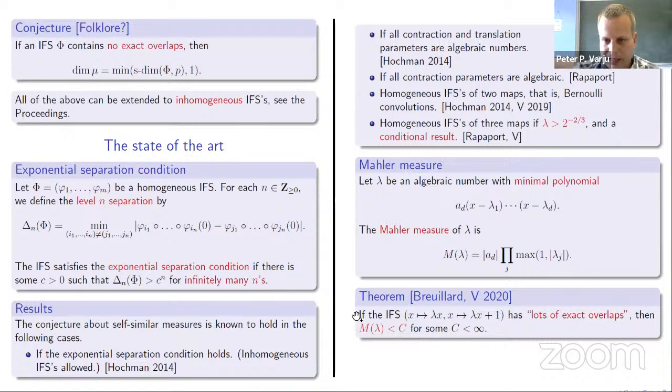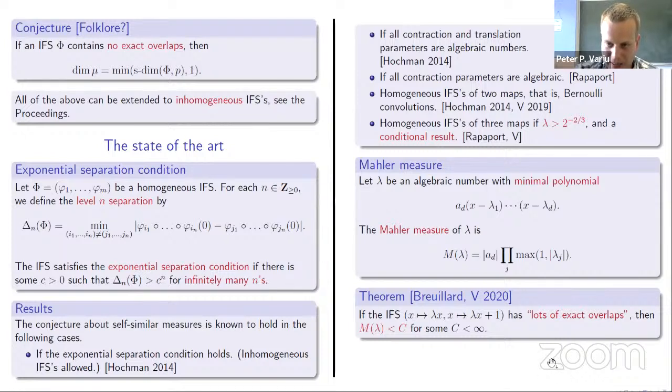It says that if you consider the iterated function system of 2 maps, so x maps to lambda x or lambda x plus 1, and if this iterated function system has lots of exact overlaps, then the Mahler measure of lambda can be bounded by some constant which depends on what this lots of means.